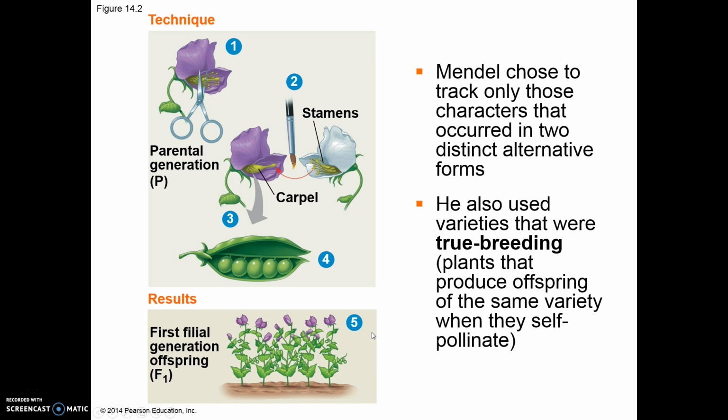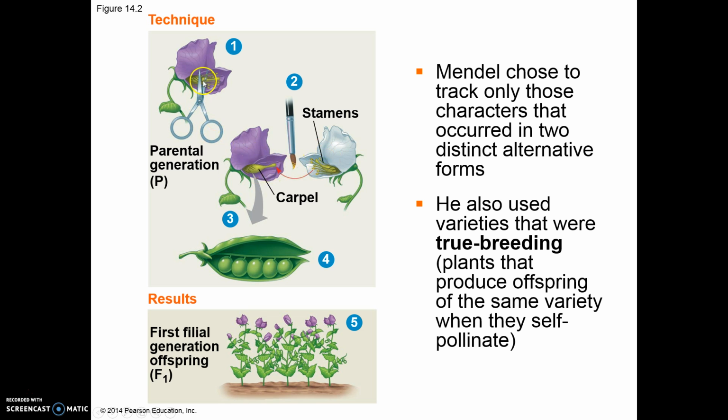Now, the reason why he was able to utilize this plant is the flower of a pea plant has two parts. One is the stamens, which release pollen. Pollen is equivalent to sperm. The carpel holds the egg, which needs to be fertilized by the pollen.